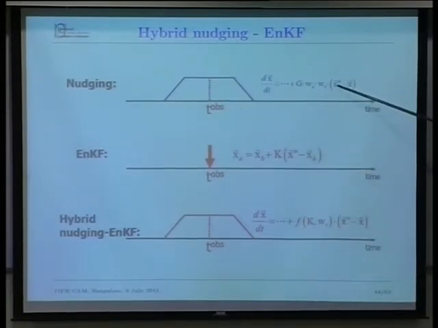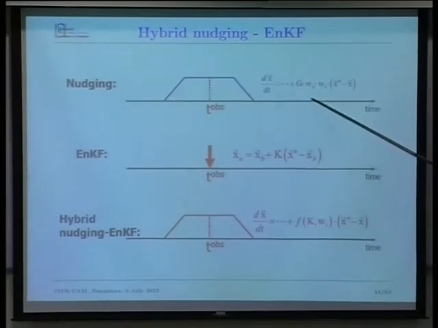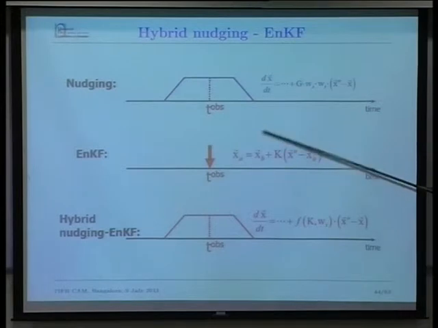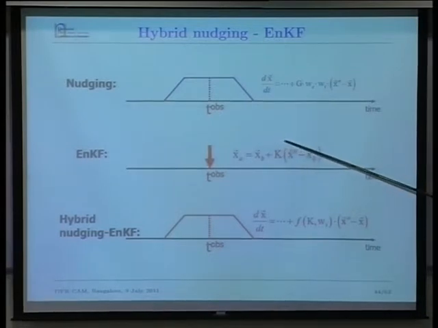So the difference between the observation and the state vector, then you add some function of time with this kind of shape. You can add also smoothing in space with the convolution with a Gaussian kernel and the nudging matrix. In the ensemble Kalman filter, it's like the Kalman filter itself. You correct the forecast with the observations and the Kalman matrix, but then there is some shock.